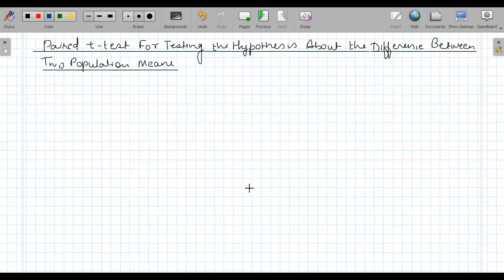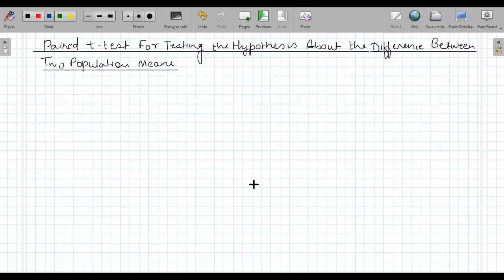In this video lecture, we will learn what is paired t-test and how it will be applied for testing the hypothesis about the difference between two population means. In the last lecture, I told you about hypothesis testing of difference of population means using t-test with the condition that samples are independent of each other.